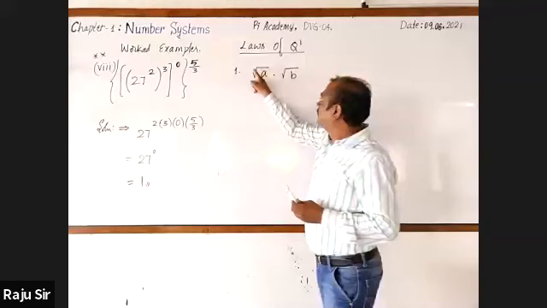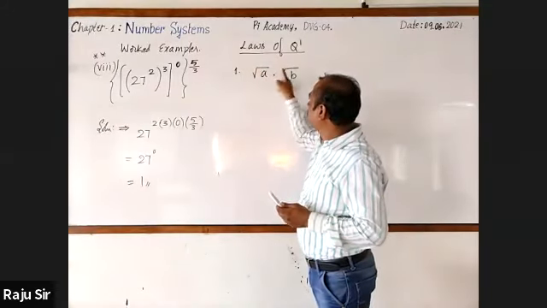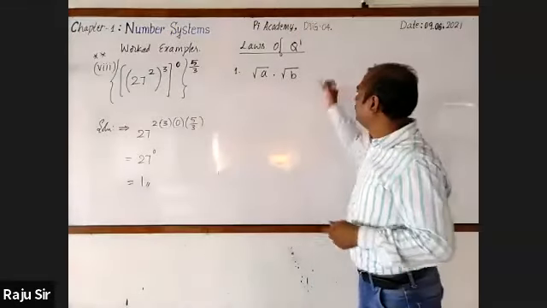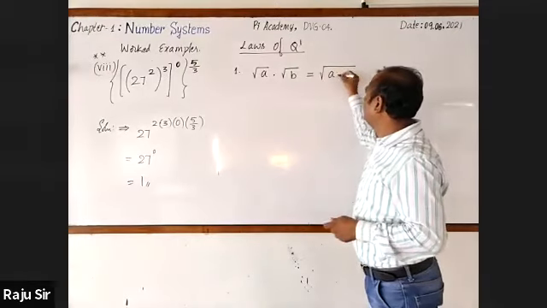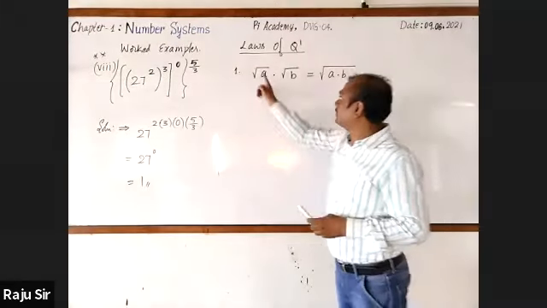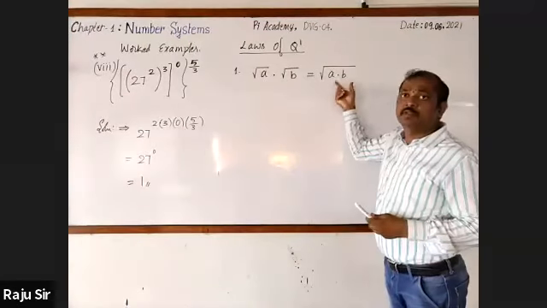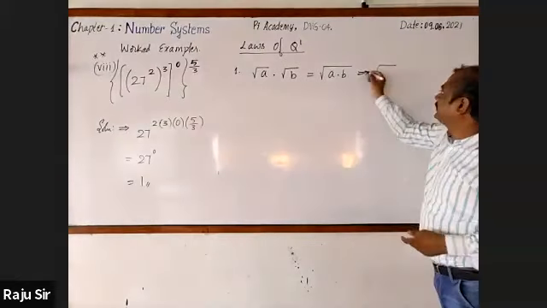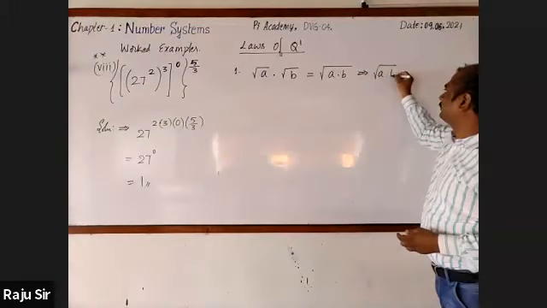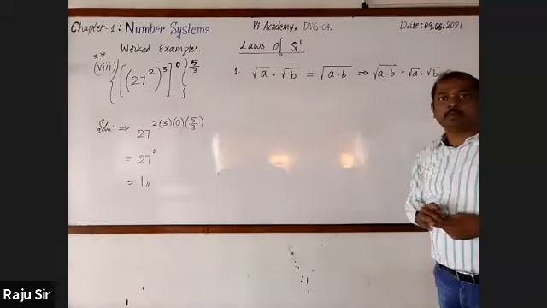See that here the order is the same. Order is 2, and here also order is 2. This can be written as square root of a into b. When the orders are the same, you can multiply the radicands. Even if it is in product form, root a into root b can be written as square root of ab. Remember this.